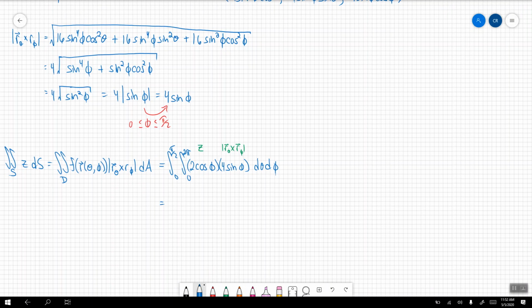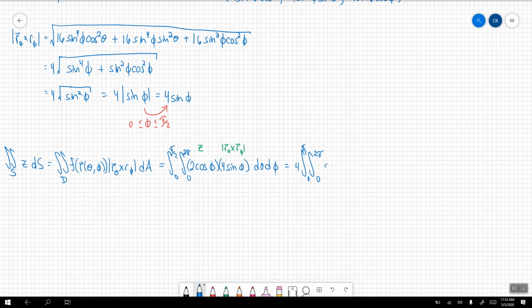So we can clean this up just a little bit more. I'm going to keep this from 0 to pi halves, 0 to 2 pi. Now notice in here I have cosine phi and sine phi. That kind of looks like a double angle mixed with the 2. So I'm only going to factor out the 4, and I'm going to let 2 cosine phi sine phi be that double angle.